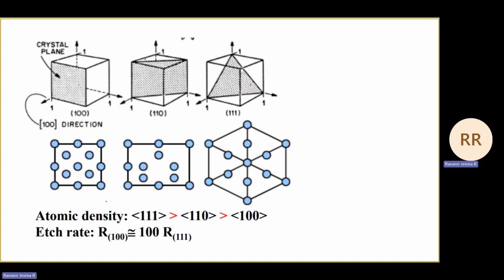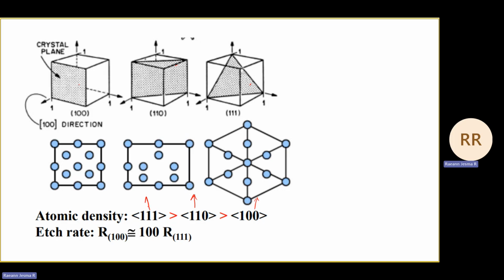So the activation energy required to etch away those materials will be higher for 111 compared to 110, and the 100 plane will have the least activation energy to etch out or break the bonds between the atoms.